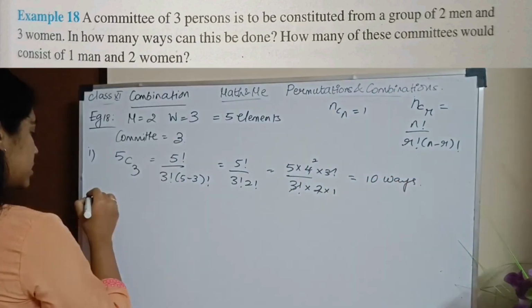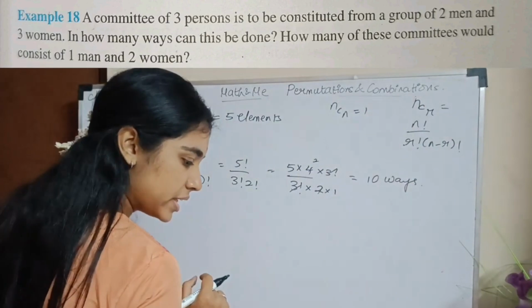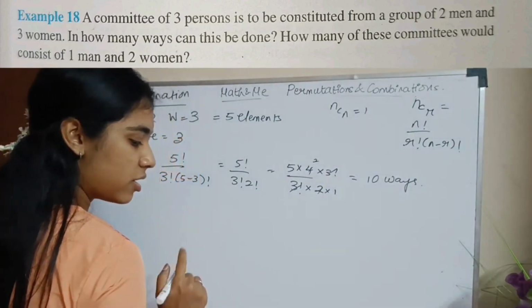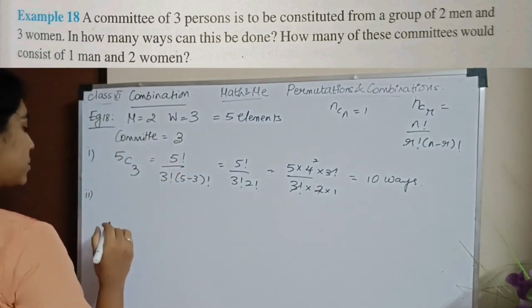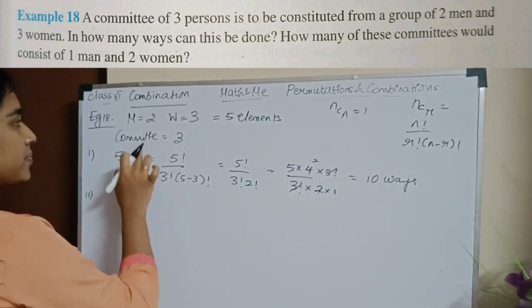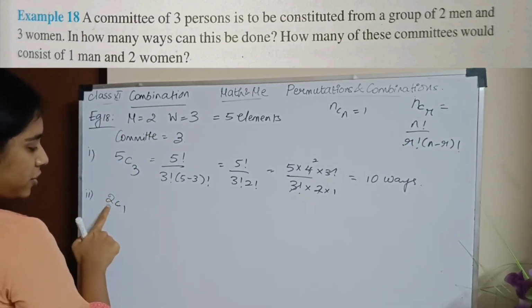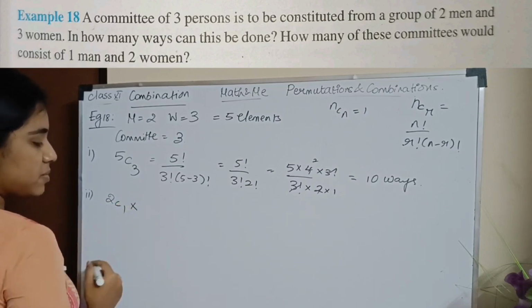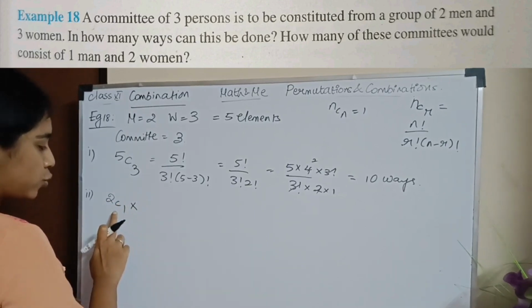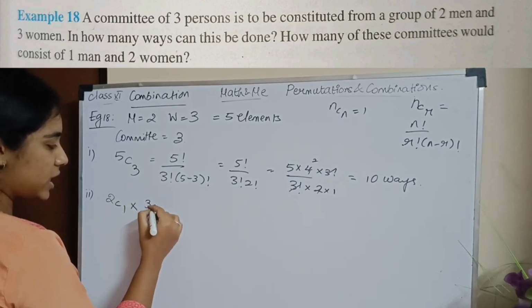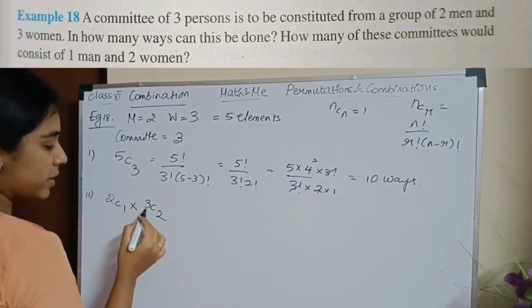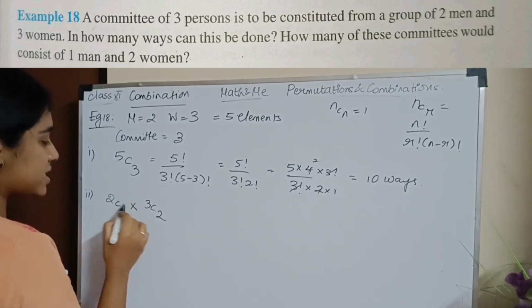Okay. Second subsection. How many of these committees would consist of 1 man and 2 women? I need 3 people in total. 1 man can be chosen from 2 men, times the 3 women. So I have 1 man and 2 women. So 3C2. I'm going to choose 2 women from 3 women. So this is an AND case.